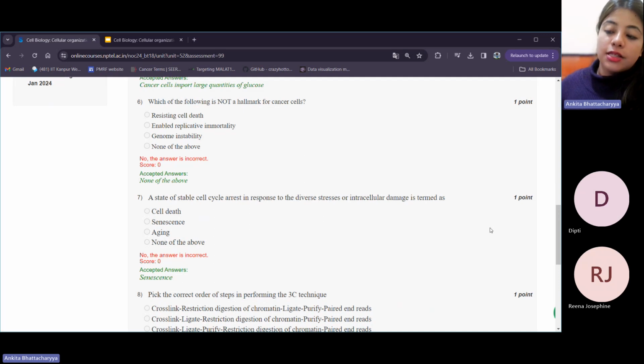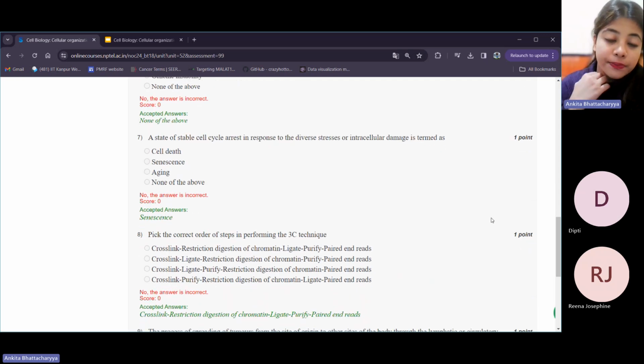Under such circumstances, if a cancer cell acquires a mutation which allows it to overcome the challenge of Taxol in the medium and allows it to survive under such conditions, then that cell will take over, proliferate and generate a treatment resistant or chemo resistant type of cancer population. Therefore, this ability of cells to accommodate genomic instability is very, very crucial for their survival. Since all three options are correct, none of the above would be the correct option for this question.